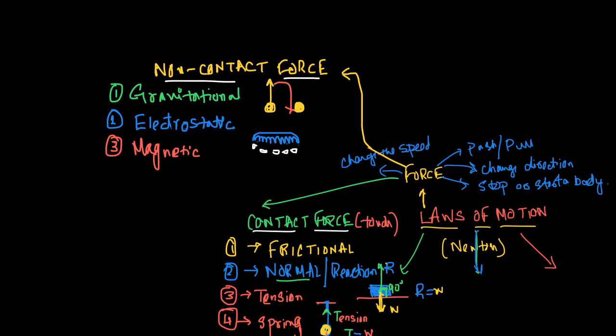Or you brought this magnet close to some iron nails, and you see the iron nail jumps over and gets attracted to the magnet. So that's the magnetic force. The magnet and the nails need not be in contact. It will automatically get in contact, right?